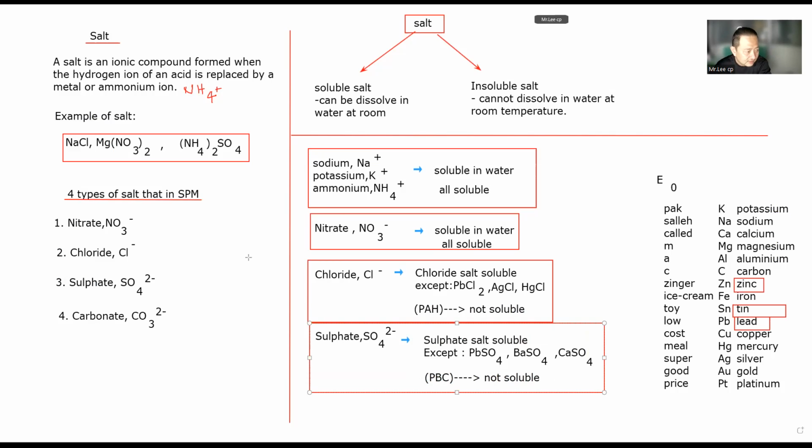So lastly, it is carbonate. Carbonate salt, CO3 2 minus.